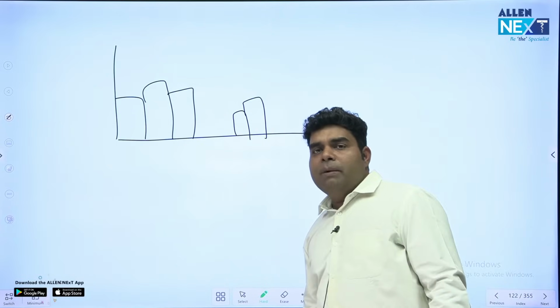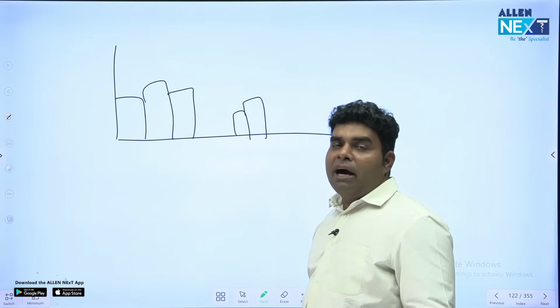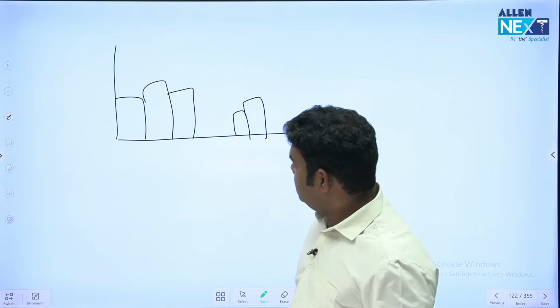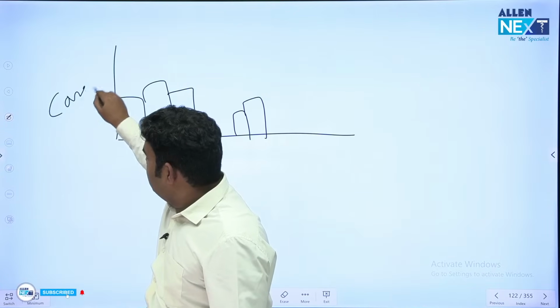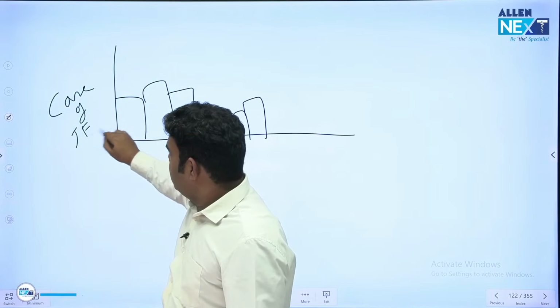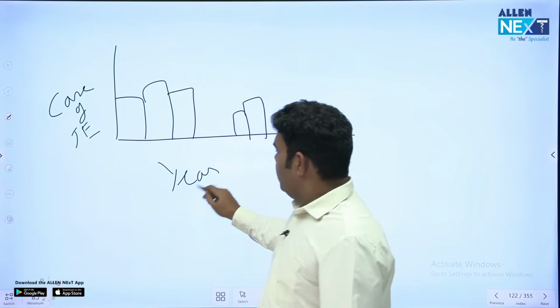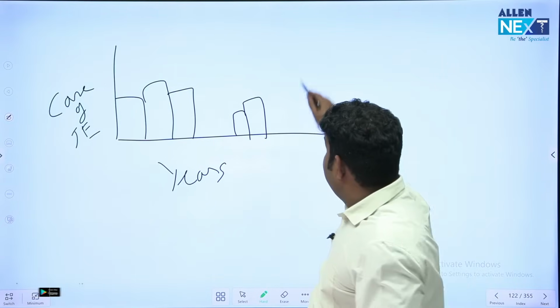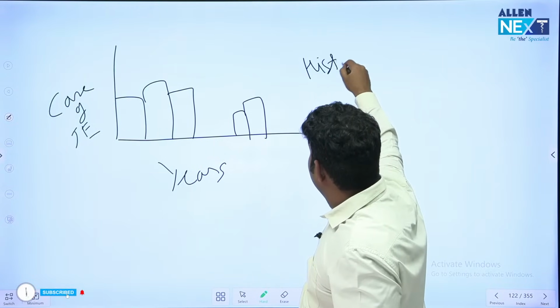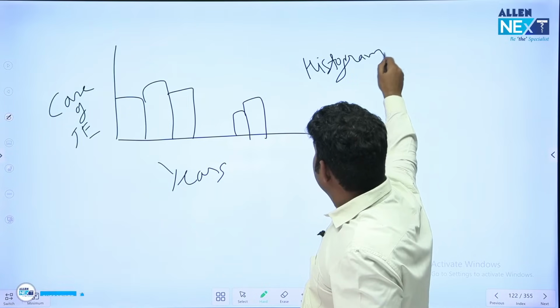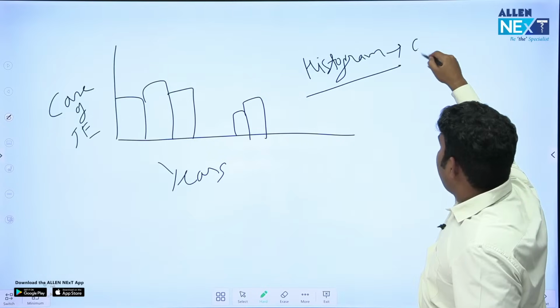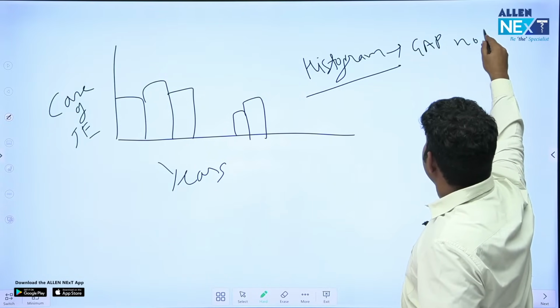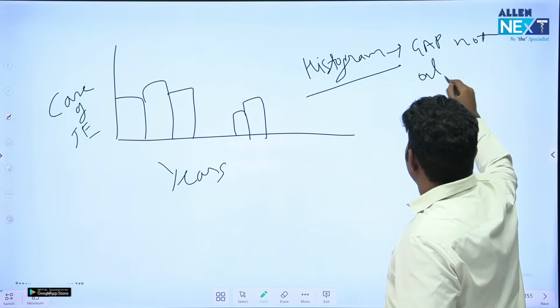Is it a bar diagram, component bar diagram, multiple bar diagram, or histogram? What is your answer? This is a histogram, because the gap is not at equal interval.